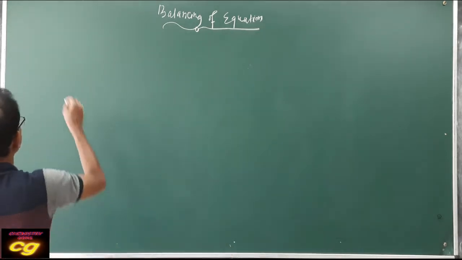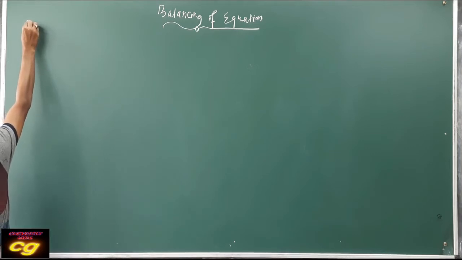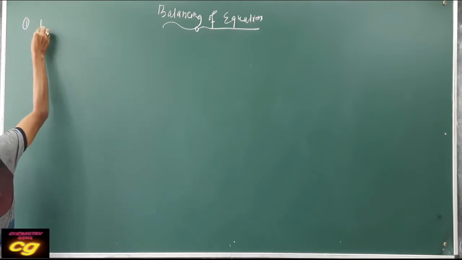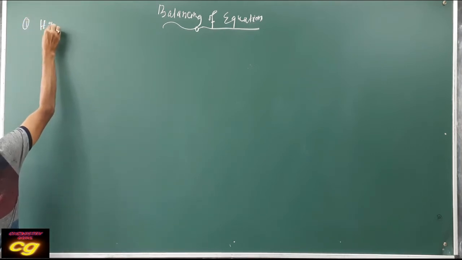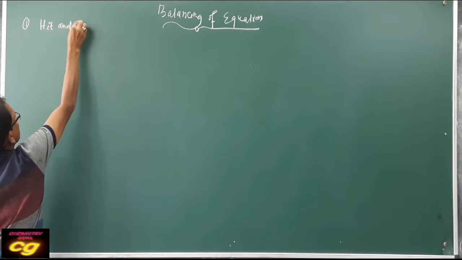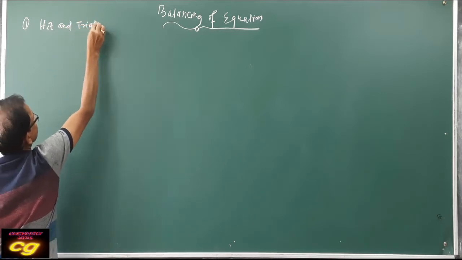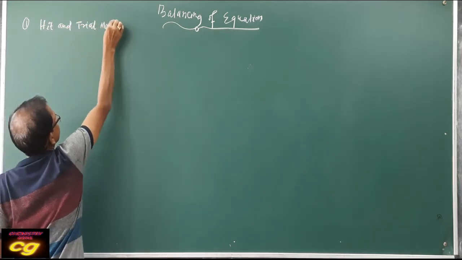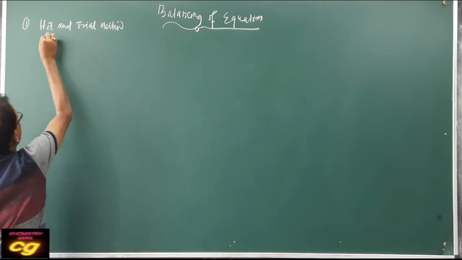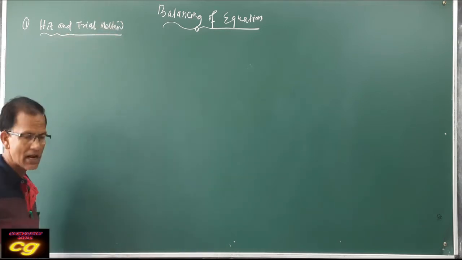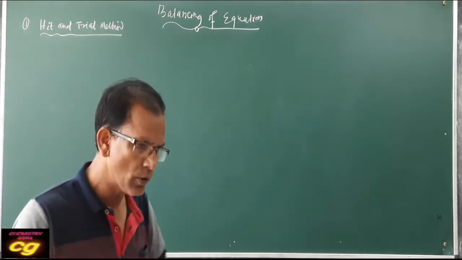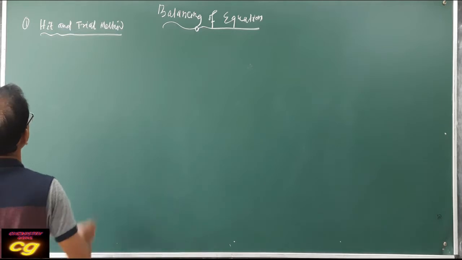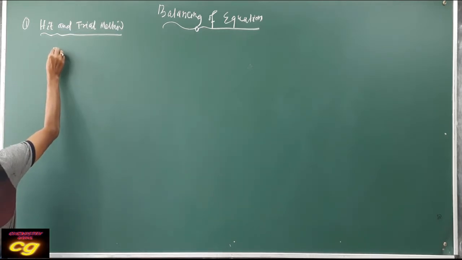Okay, the first method is the hit and trial method. In this hit and trial method, the important thing is you have to select the biggest formula.